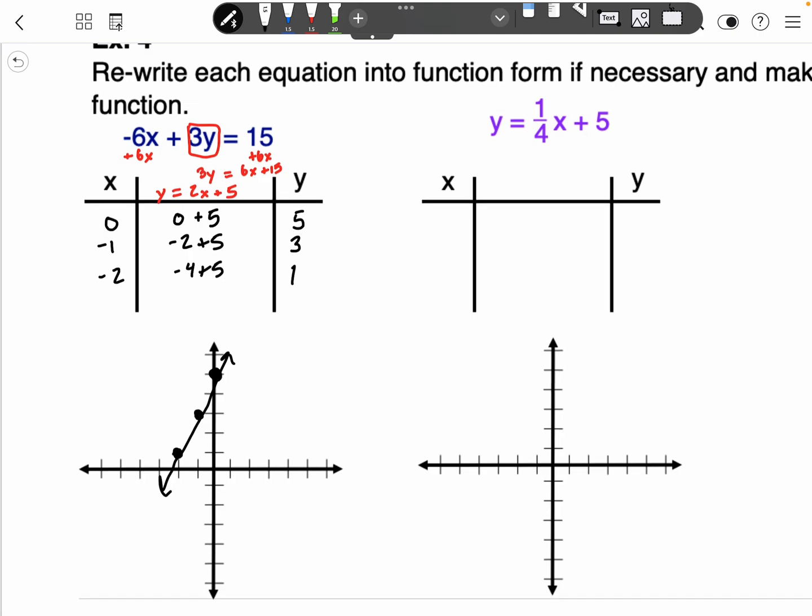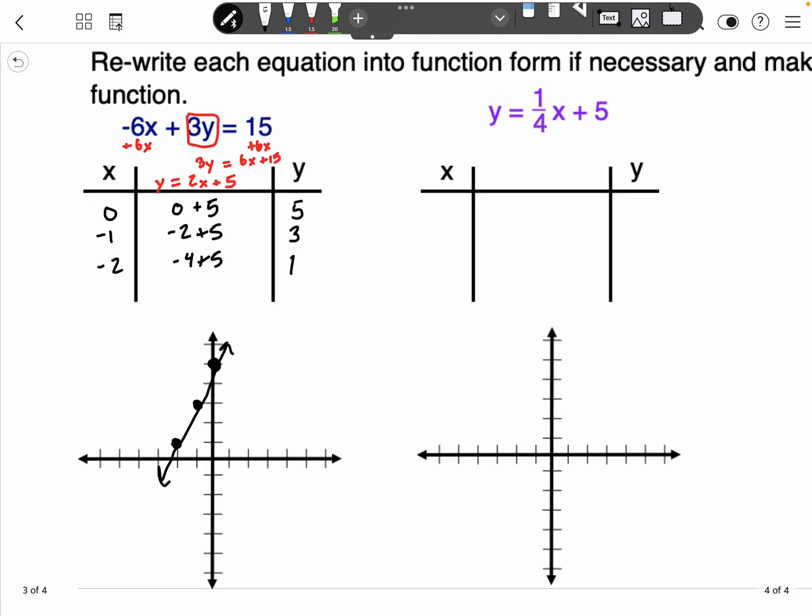So we did this other one in class already, but just as a refresher, whenever we have an x with a fraction, we're going to pick things that are going to get rid of our fraction. So since we have a 4 on the bottom, I could pick multiples of 4. So like 4, 8, -4, -8, and I can start with 0 every time as well.